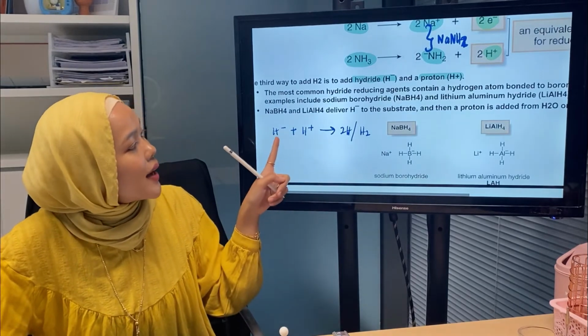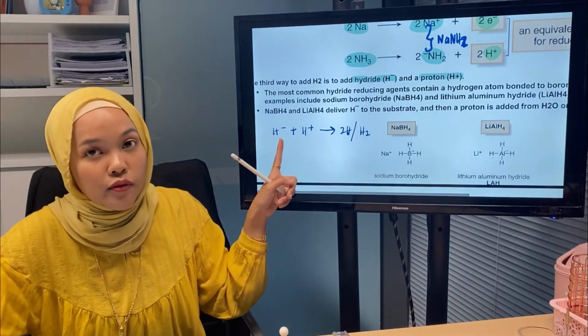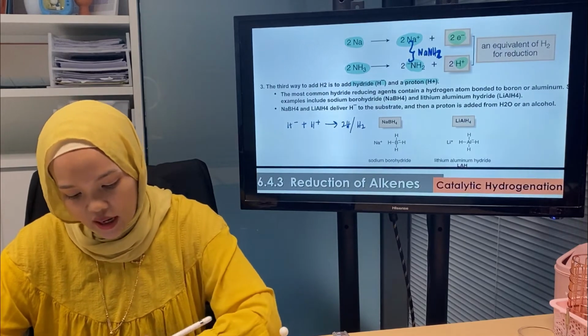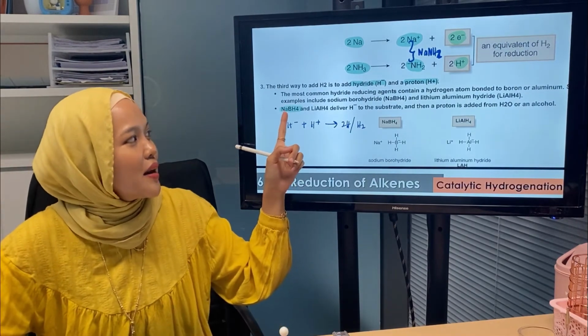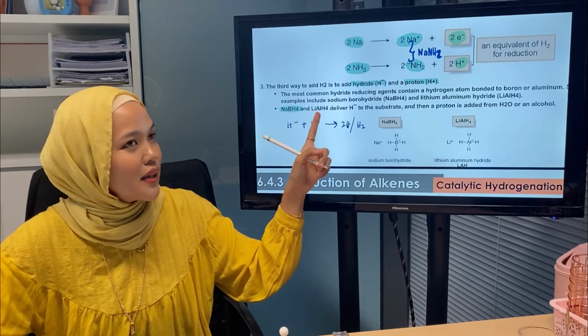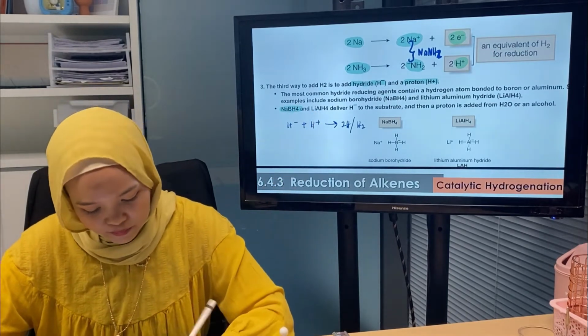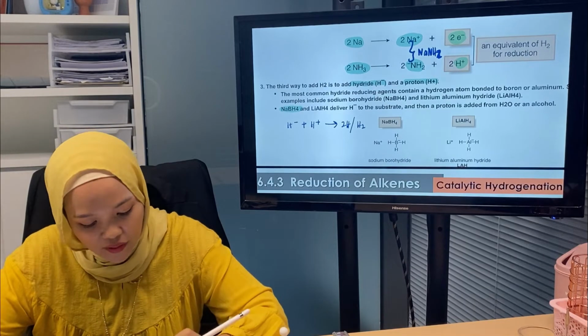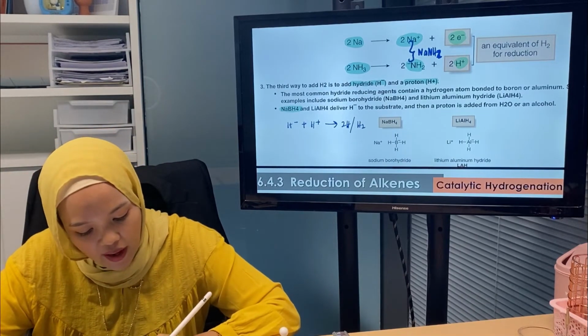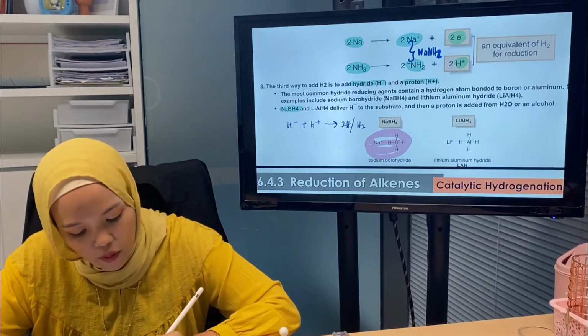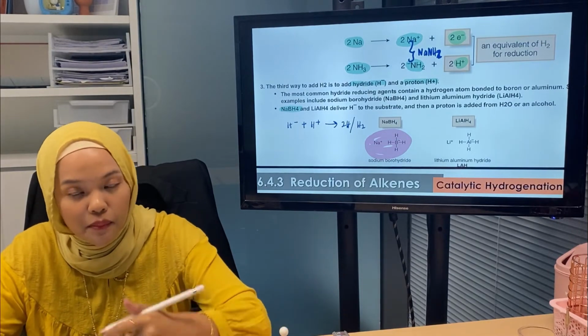So where does this hydride come from? This hydride will come from sodium borohydride, NaBH4, and lithium aluminium hydride. So for example, here you have sodium borohydride. Remember boron, right?